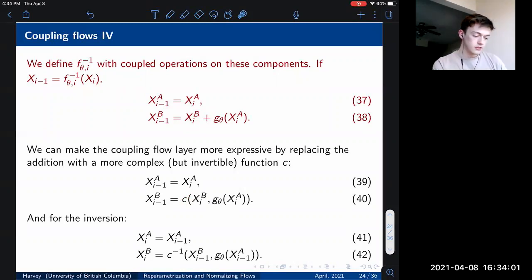This function should be thought of as having parameters given by g theta, and those parameters define an invertible function on xib. We can still do the inverse because we've just copied the component A, and we can use that to get the parameters of this invertible function. Then we just use C inverse to get xbi minus 1 from xib. That's a slight generalization of coupling flows.